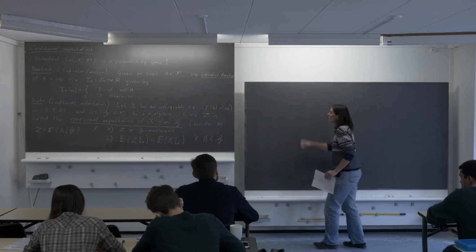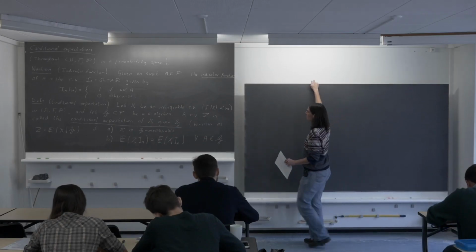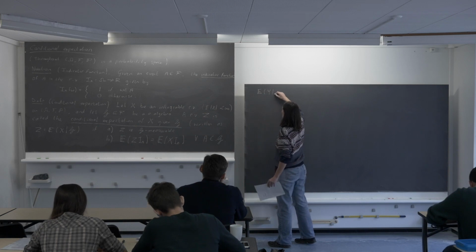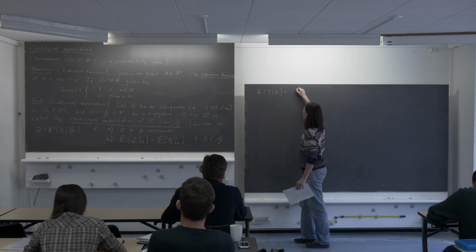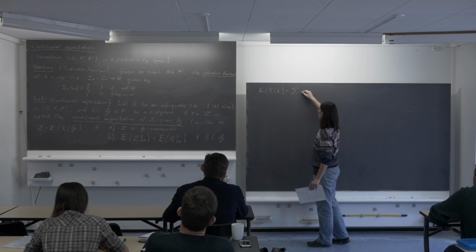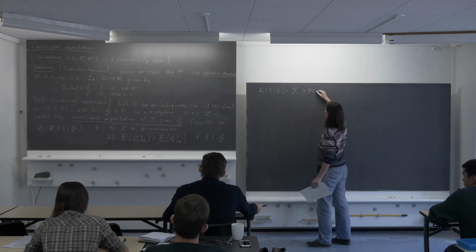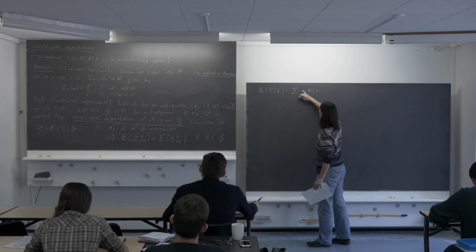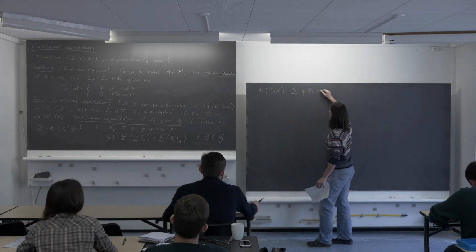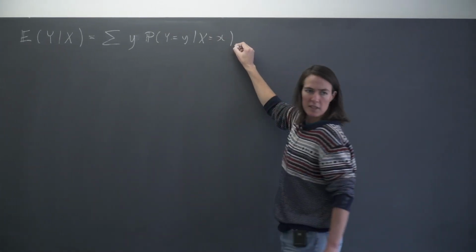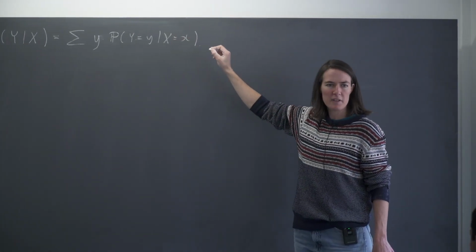Maybe what you'll have seen is something like the expectation of Y given X is equal to, say for discrete random variables, a sum over x of y times the probability that Y equals y given X equals x. Is that more what people have seen?